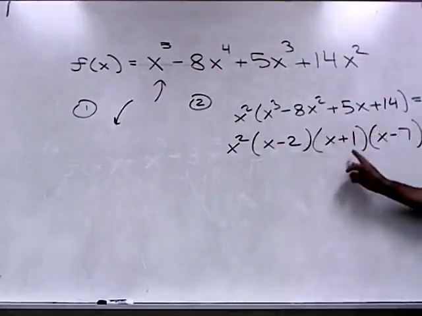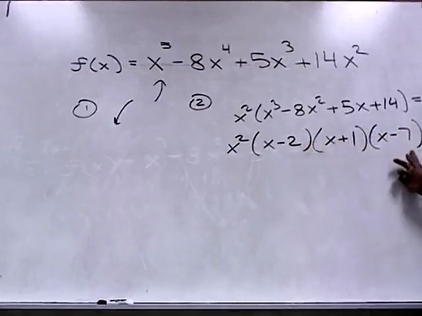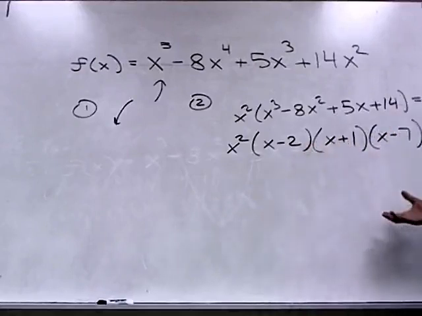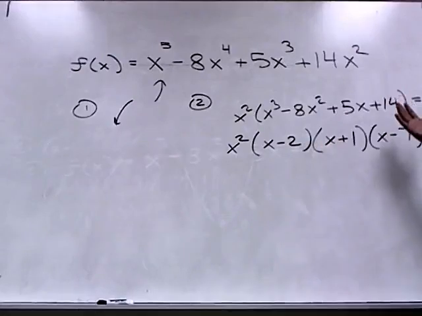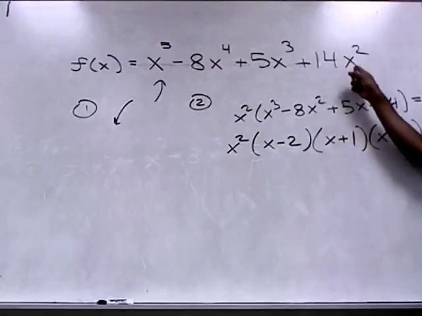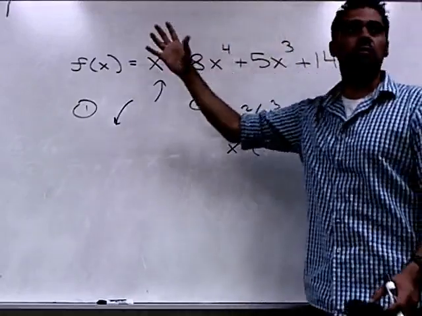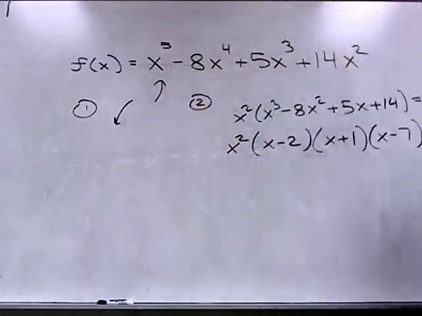Those were the 3 factors that you should have gotten. And then you would go through and get your y-intercept. What's your y-intercept here with this one? Careful. If you plug 0 in for x, what do you get? You get 0, right? It's not the number by itself because there's an x there. So it would be 0, 0, 0. So you just get 0. Y'all see that?